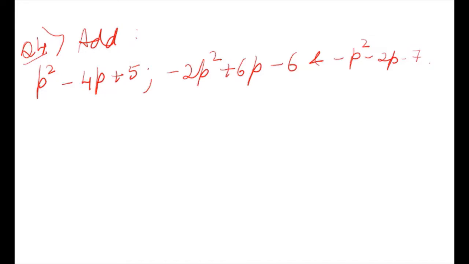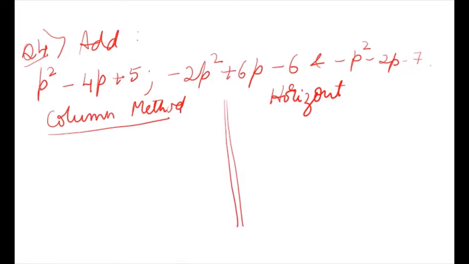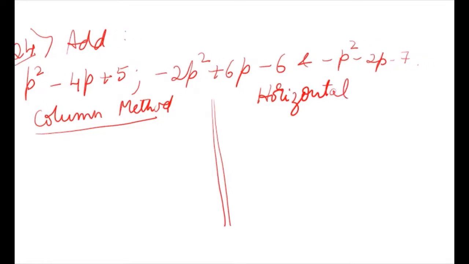Okay, so again we'll do in two methods. So this is our column method. This is our horizontal method.